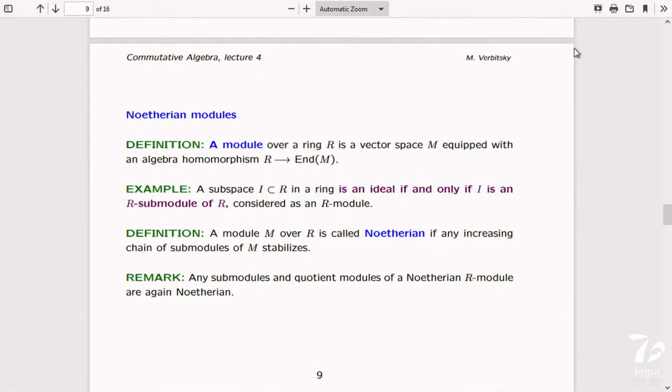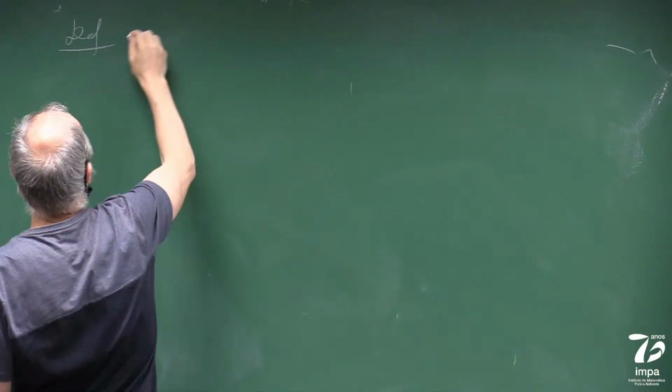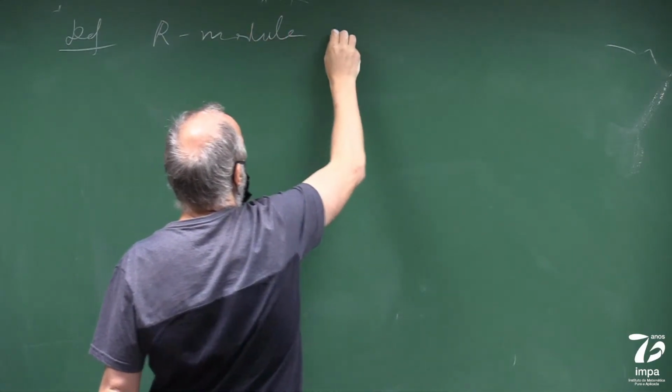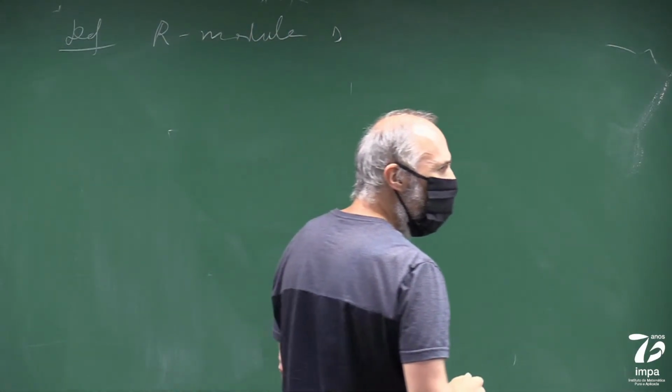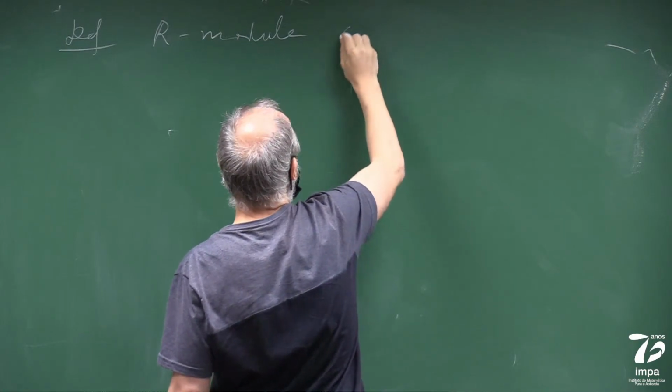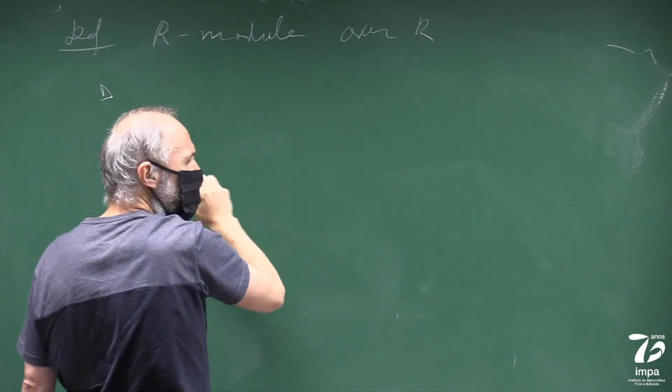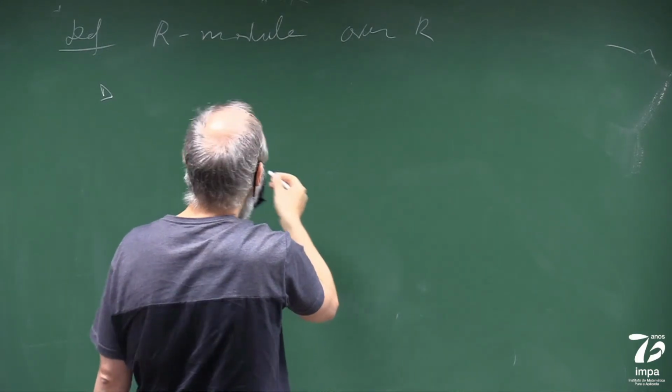The most powerful thing, why this idea of Noether is that powerful, is because you can apply Noetherianity even to modules. So definition: an R-module over a ring is a group or a vector space.